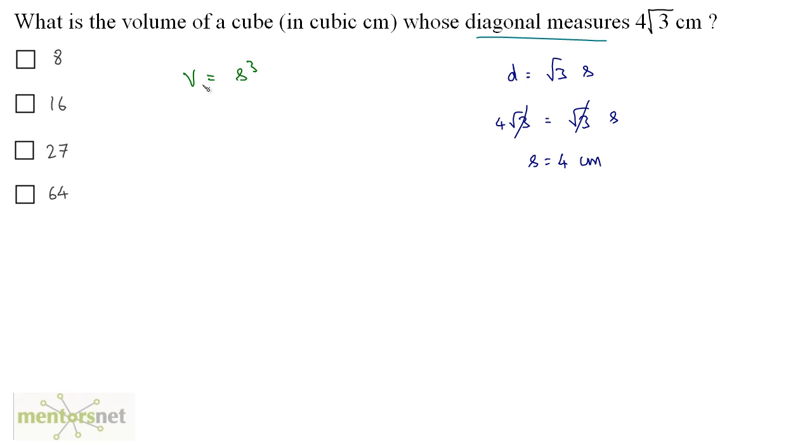Well, put that in the volume formula to get the volume. So this is equals to 4 cube, right? And 4 cube is 64, and the unit will be in centimeters cube, right? So option D is the correct answer. How many cubes of 10 centimeters edge can be put into a cubical box of 1 meters edge?